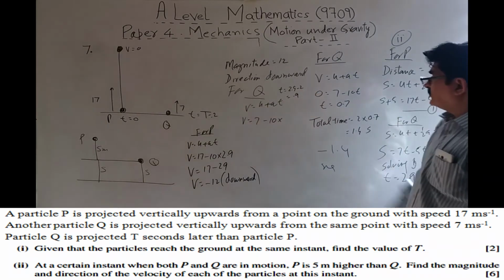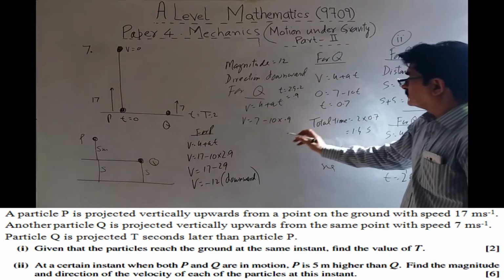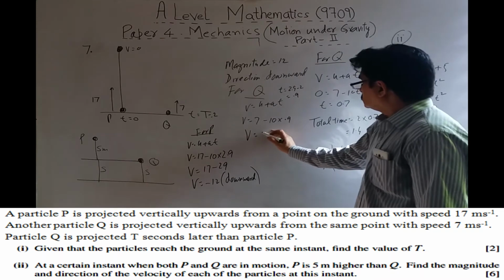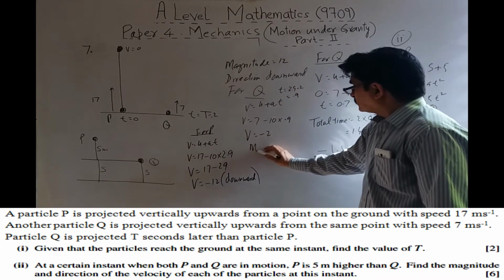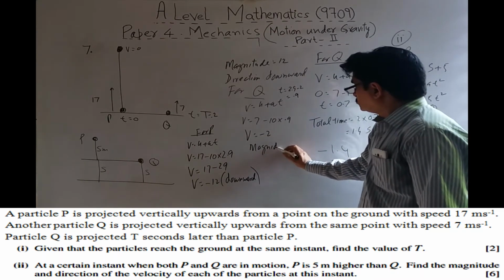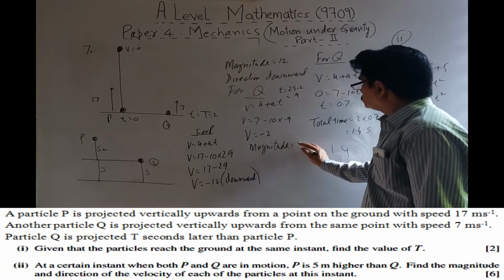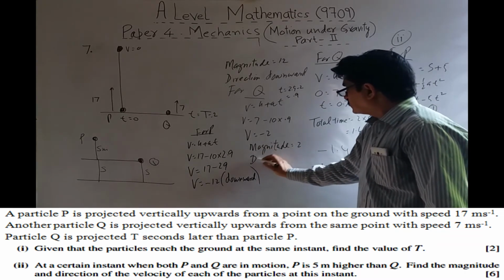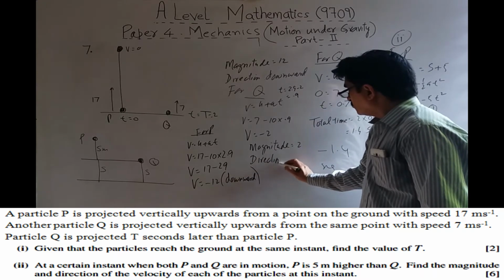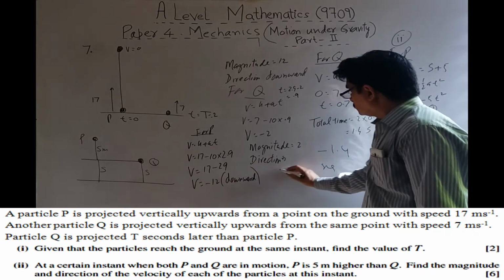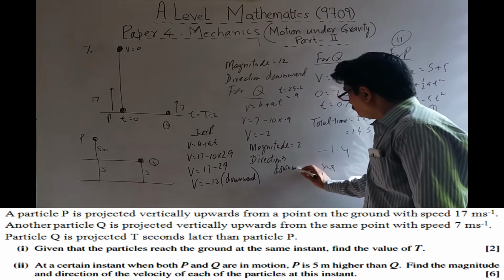So for Q you will have 0.9 second time, note it. So v is equal to minus 2. So for Q, magnitude is 2 and direction is downward. So both will be moving downward.